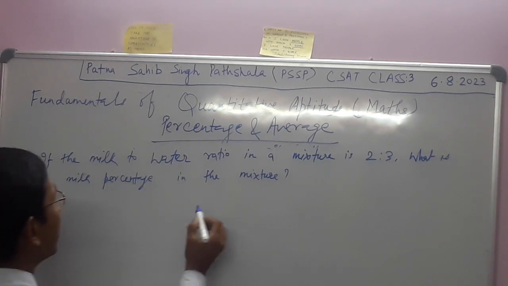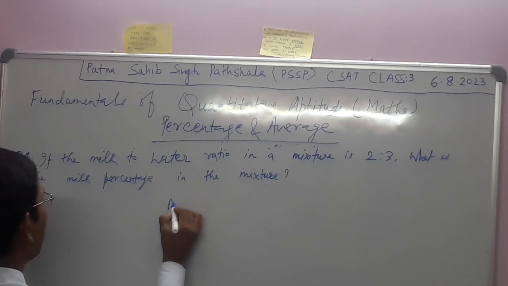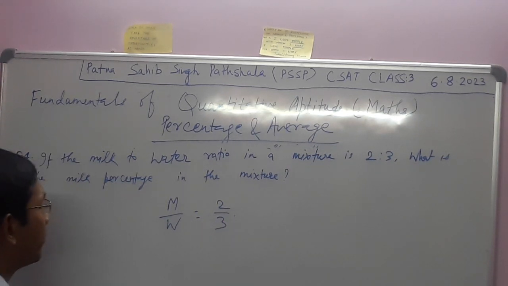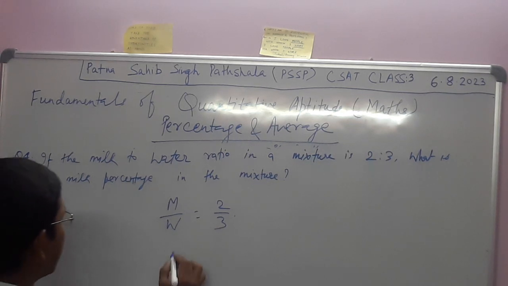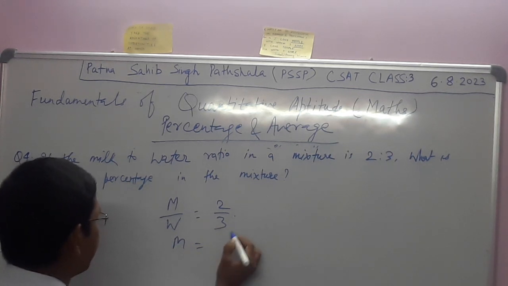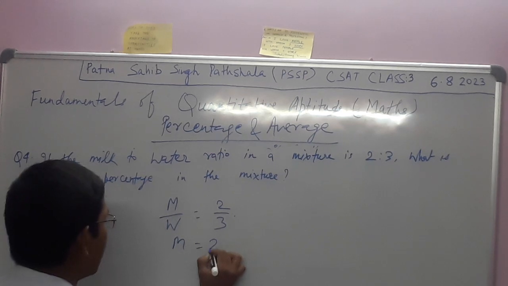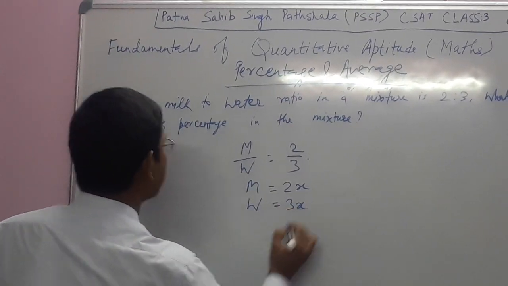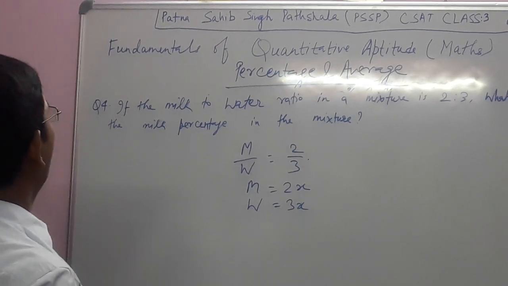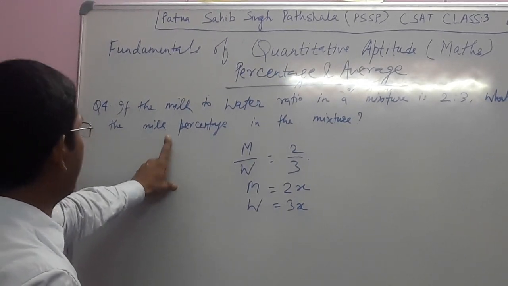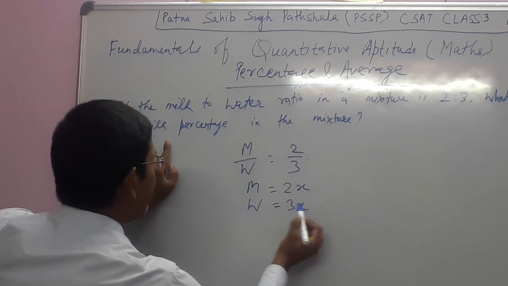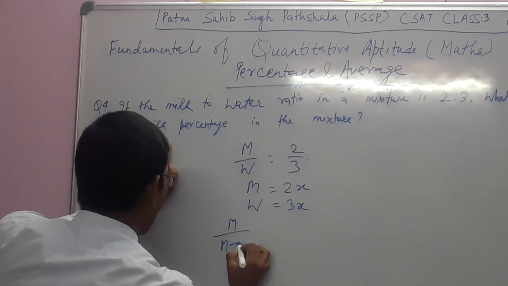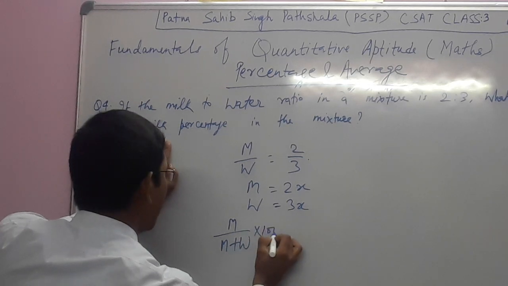The ratio of milk to water is 2:3. It means milk is 2x and water is 3x. What is the milk percentage? Milk percentage means milk divided by milk plus water, which we have to calculate.